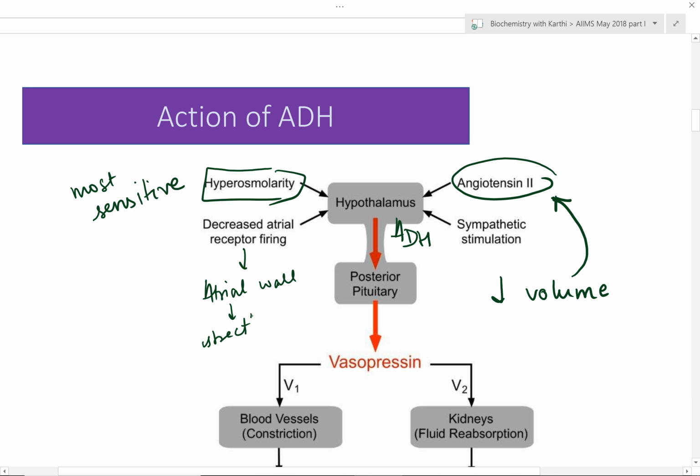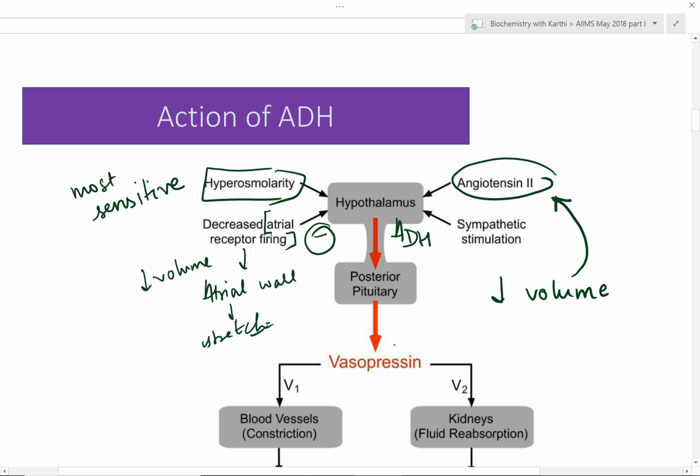Normally there will be a tonic inhibitory tone on the secretion of ADH through the continuous firing from the atrial receptors. But when this firing decreases, as in the case of low volume, then that negates the inhibitory effect on the hypothalamus and causes it to release ADH.